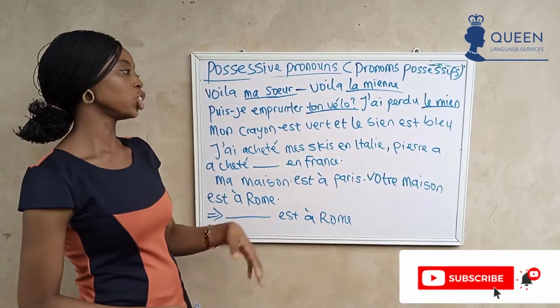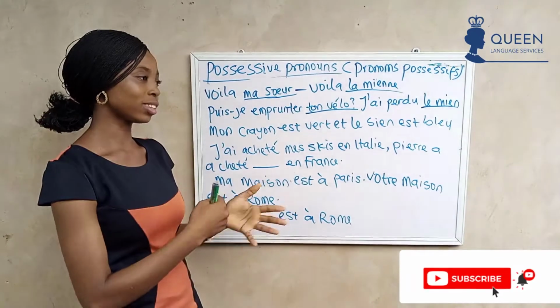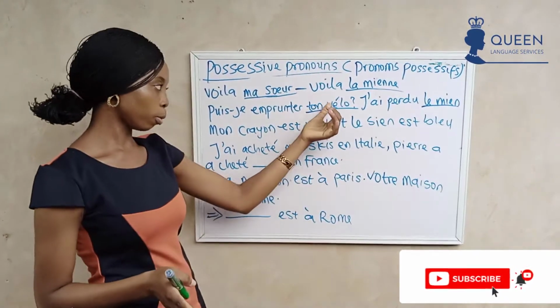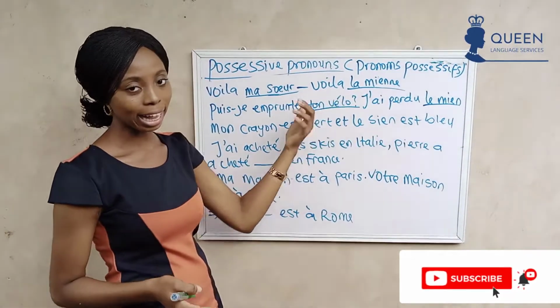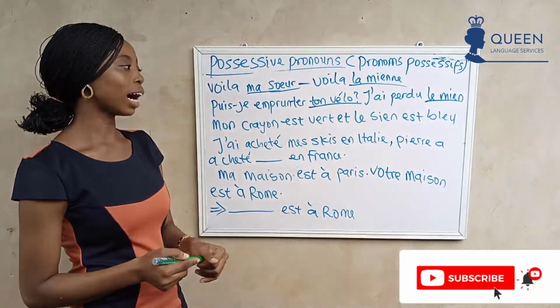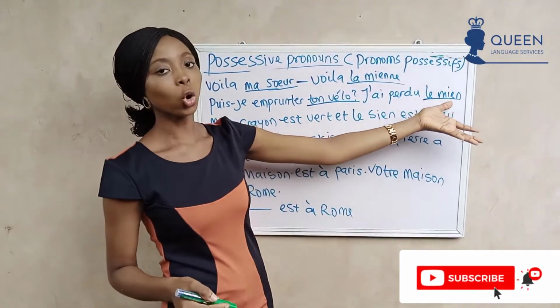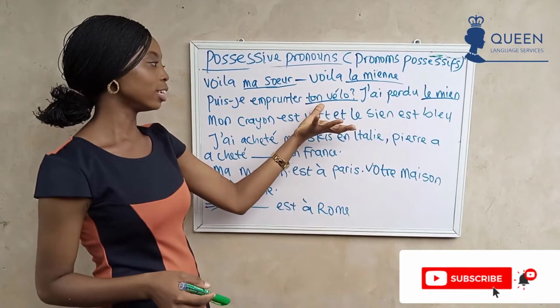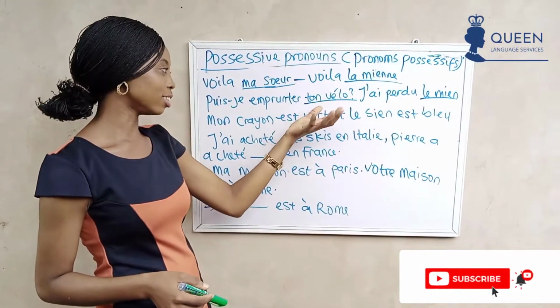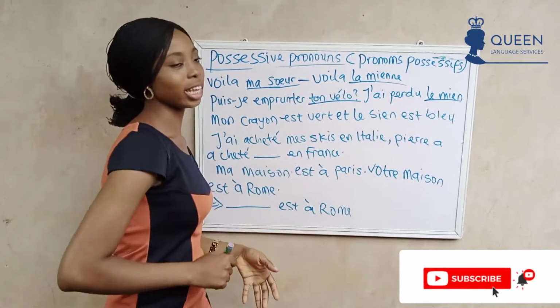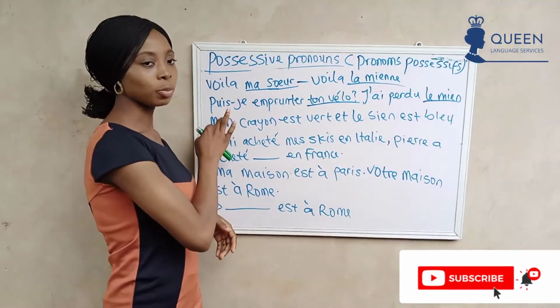And so we have j'ai perdu le mien. So the person understands that, oh, he lost his own bicycle as well. Okay, so we have our ton vélo to give us le mien. So we are looking at the noun, the object, what the action is taking place on, and not the person that is performing the action.